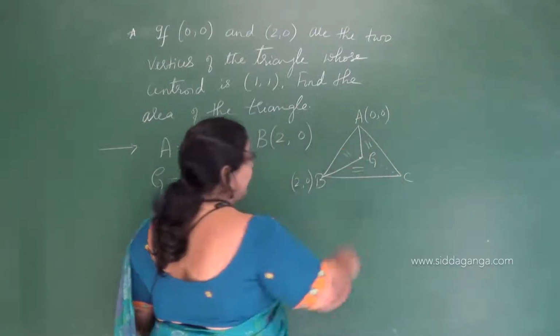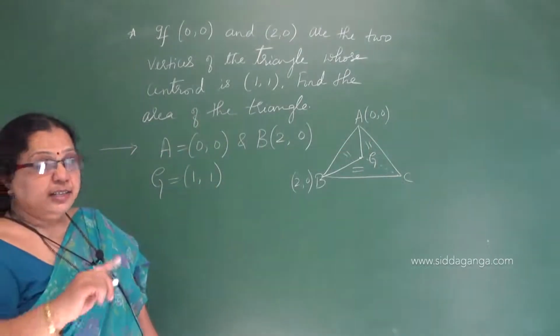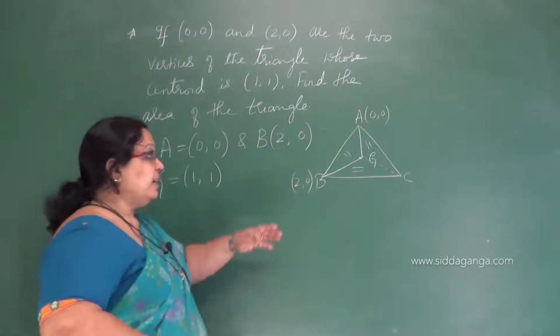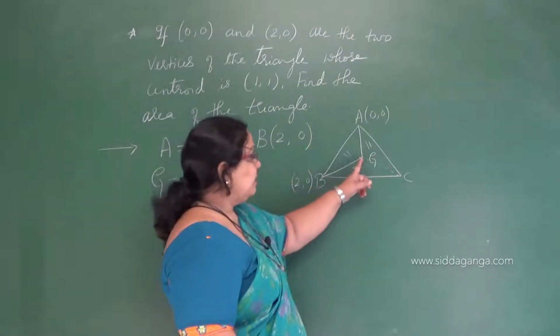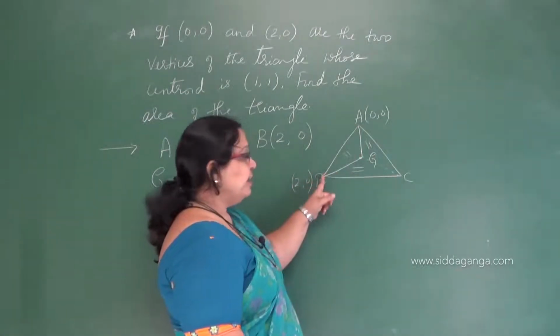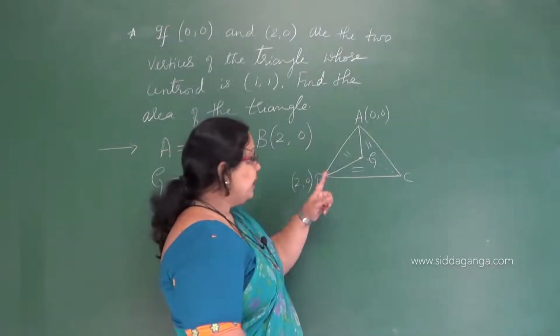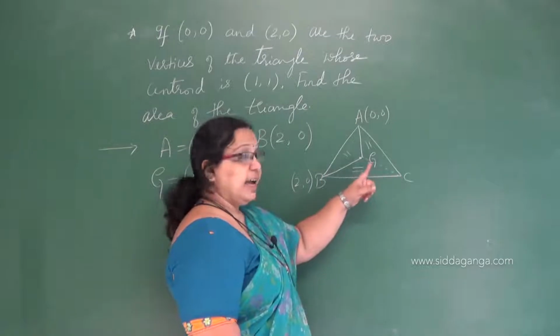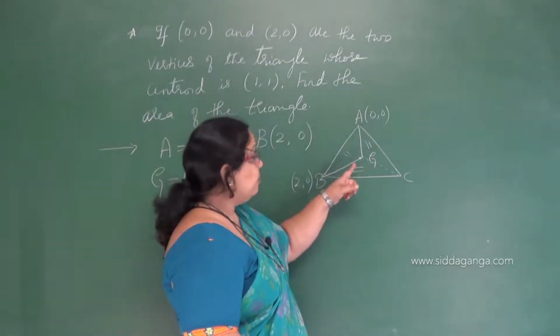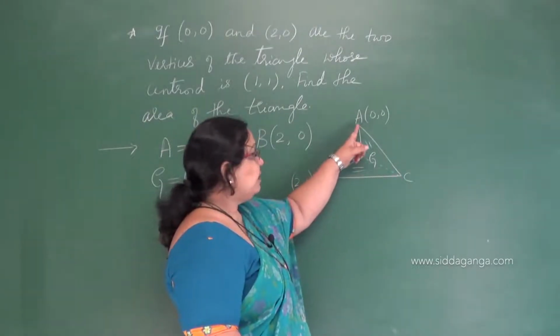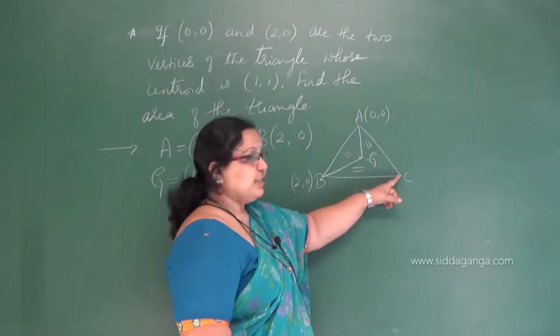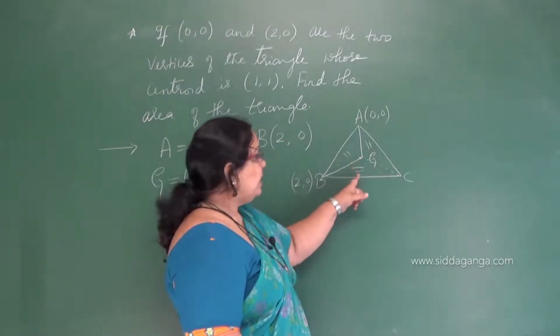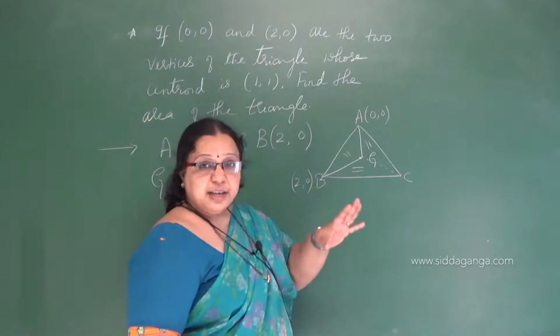What is the area of these three triangles? It will be the same. That is, the area of the triangle GAB is equal to the area of the triangle GBC as well as it is equal to the area of the triangle AGC. The areas of these three triangles are the same.